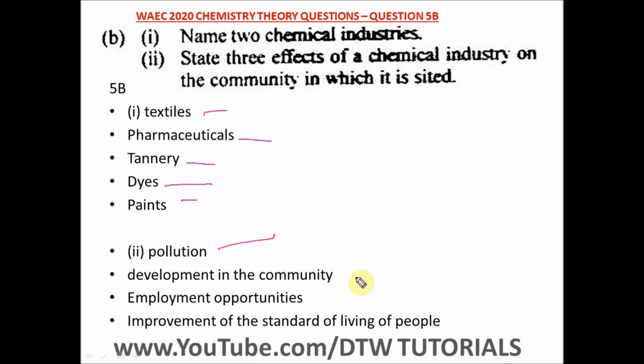To be polluted, air pollution, land pollution, and the rest. But it also leads to development of that community. Because of the presence of that industry, it leads to employment opportunities, because people living in that community can get employment in the industry. It also improves the standard of living of the people. So these are effects of siting a chemical industry in a community.